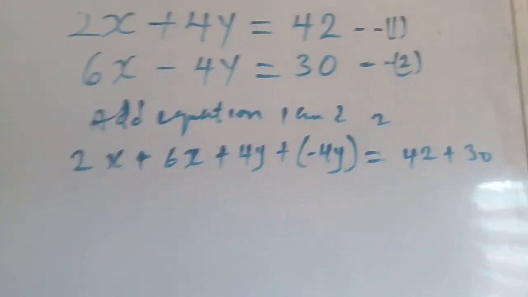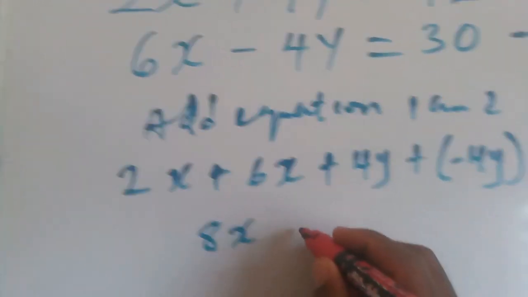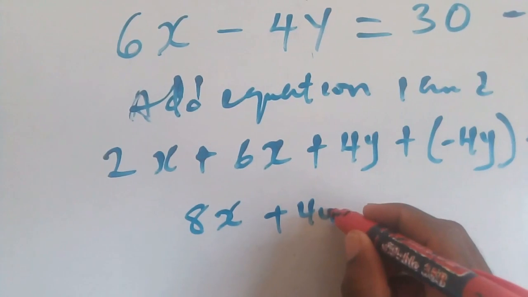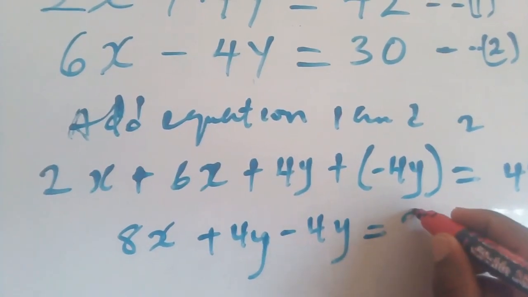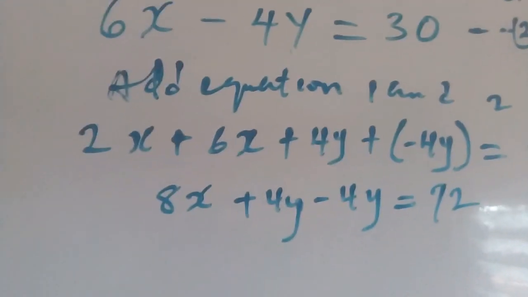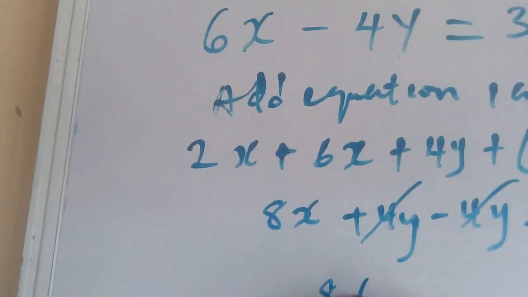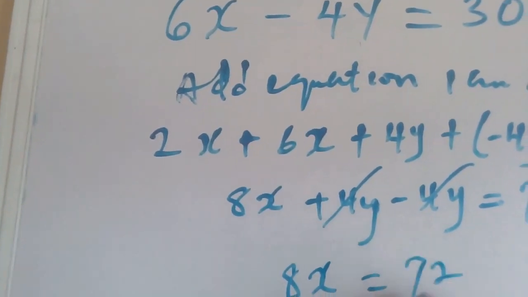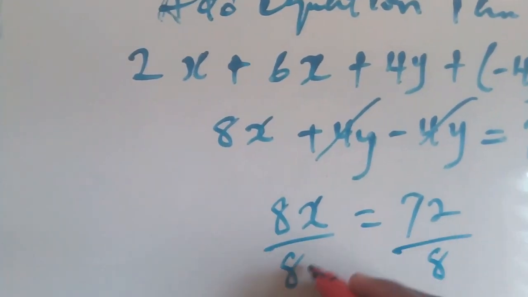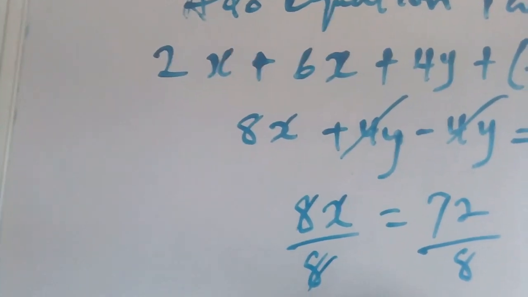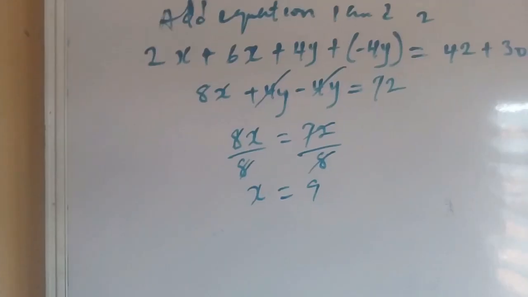What we have now is 8x plus 4y minus 4y equals 72. Now we can see that plus 4y and minus 4y will cancel. Now I have 8x equals 72. We can now divide both sides by 8. So in this case, x is equal to 9.